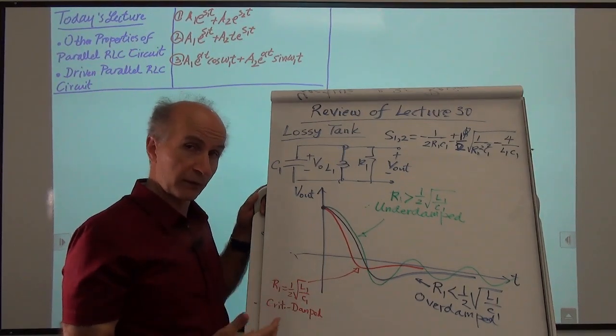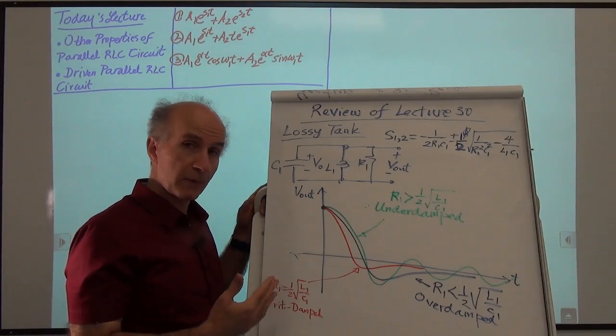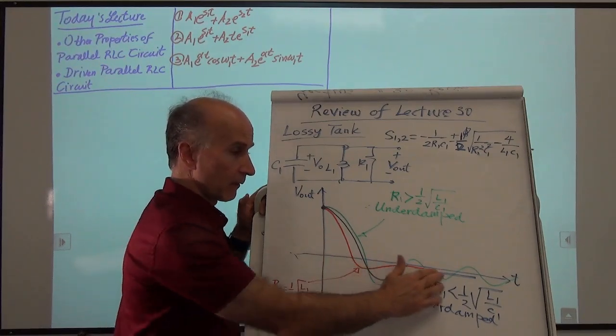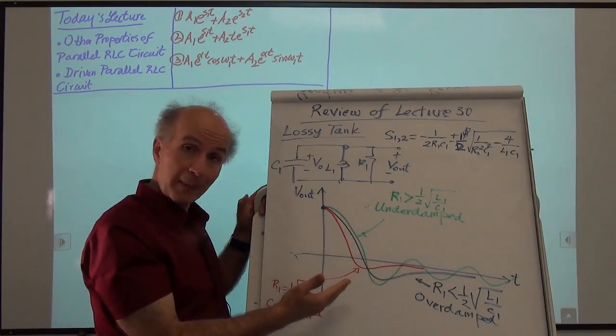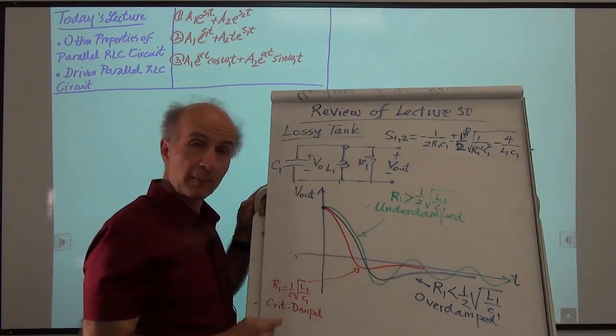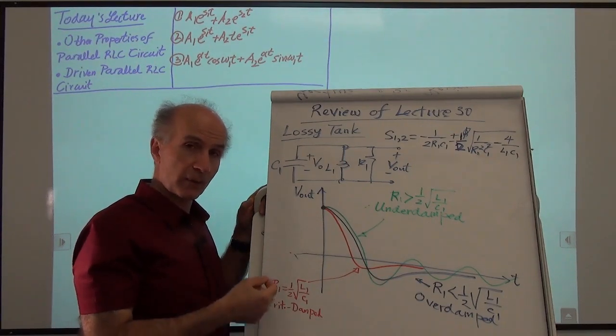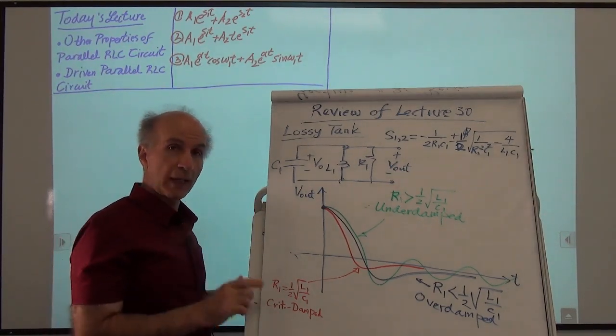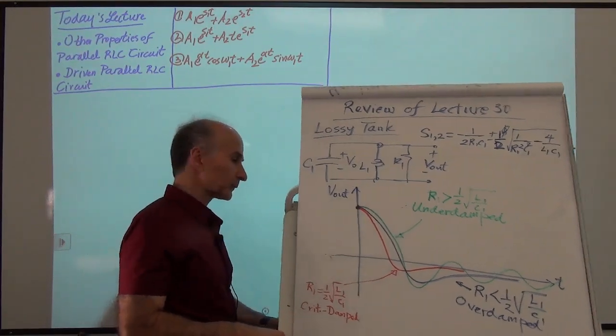Well, it depends on what we're trying to do. Oftentimes, if we are building a system and we would like the system to settle to some final value, we would like it to be well behaved. So we would opt for this red waveform and try to design the system so that it's critically damped. But there are some other cases where that's not true, and we'll see an example today.